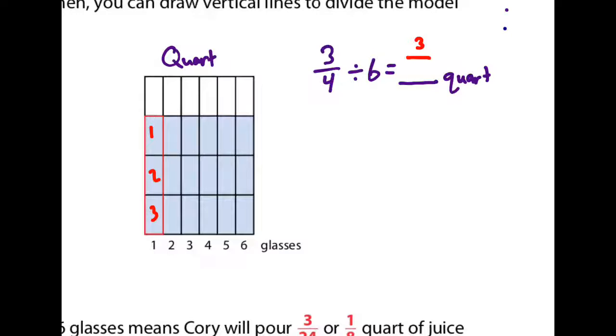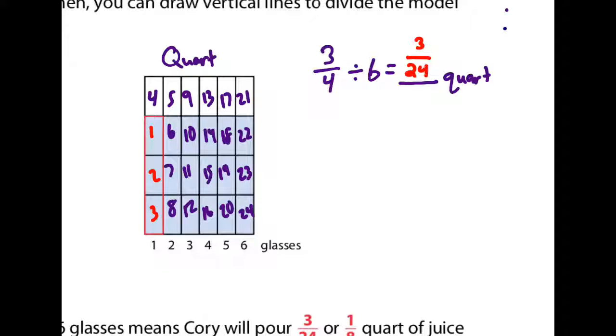So in the entire quart, there would be 4, 5, 6, 7, 8, 9, 10, 11, 12, 13, 14, 15, 16, 17, 18, 19, 20, 21, 22, 23, 24. So that means 3 out of 24, or 3/24 of a quart, is in each glass.